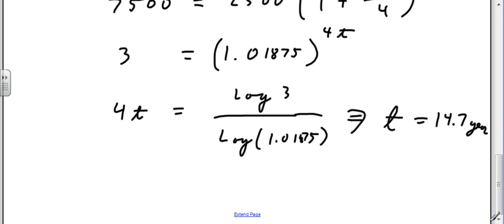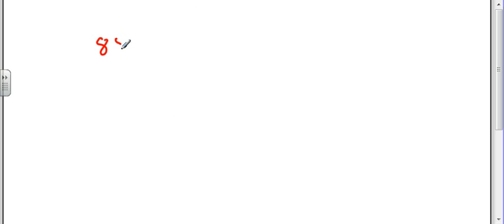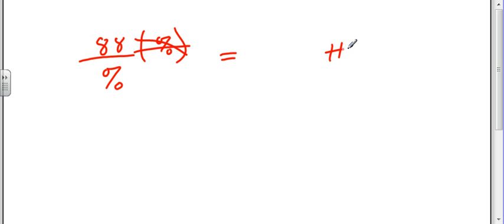So when you're dealing with money, there's a rule of 88. Does anybody know the rule of 88? You ever hear the rule of 88? Maybe it's 86. I don't know. I'm going to use 88. The rule says that if you take 88 and divide it by your interest rate, you end up with the number of years to double your money.